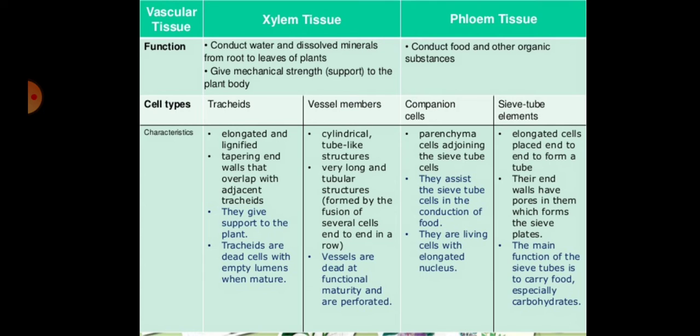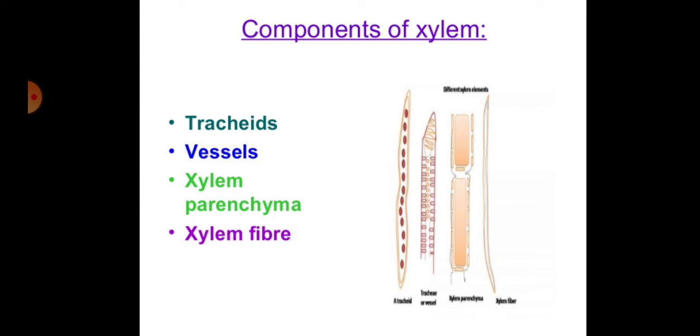Now in phloem tissues, companion cells are parenchyma cells adjoining the sieve tubes, and sieve tube elements are elongated cells placed end to end to form a tube, and their end walls have pores in them which form sieve plates this way.